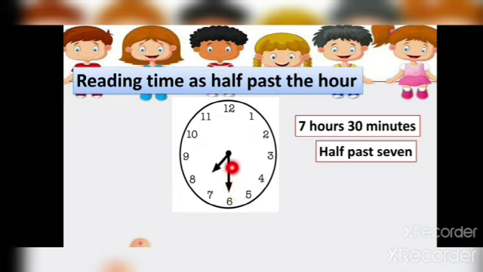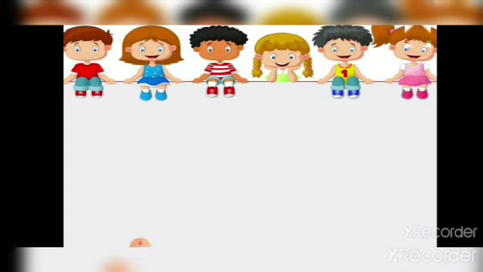Okay, and the hour hand, if you look carefully, is between 7 and 8. So it is said 7 hours 30 minutes. Or you can also say half past 7. Right? Now let's look at the slide.